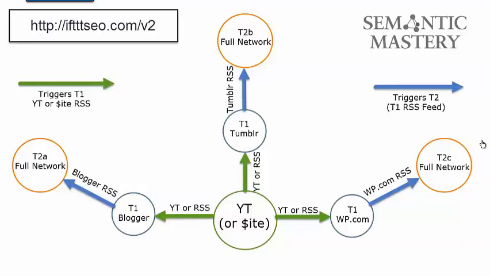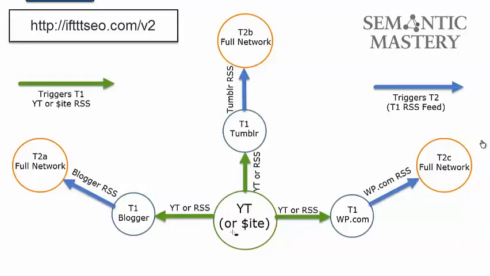Now, to just explain what I mean, a tiered network is recommended to be used for YouTube syndication networks only. I don't recommend using tiered networks for blog syndication. I can't say that enough, guys. If you want to set them up, that's fine.